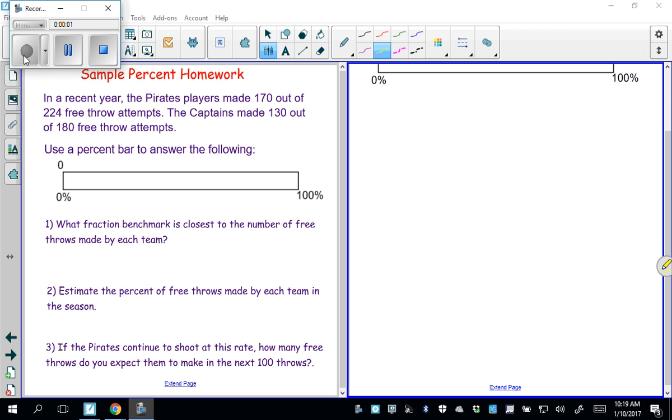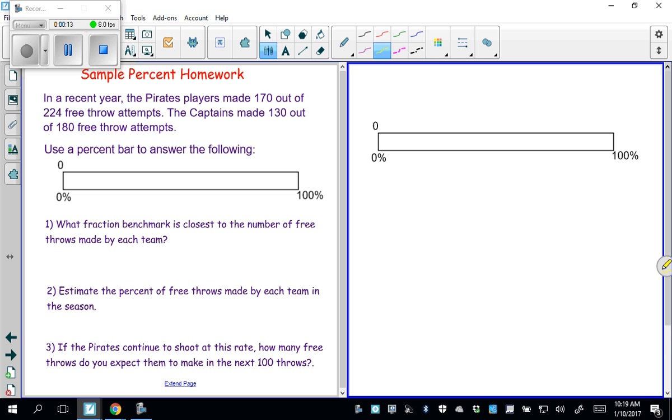Let's do a sample homework problem using a percent bar, and also using a ratio table, just kind of reviewing some of the ideas that we've been working on. So looking at the problem to the left, let's read it.